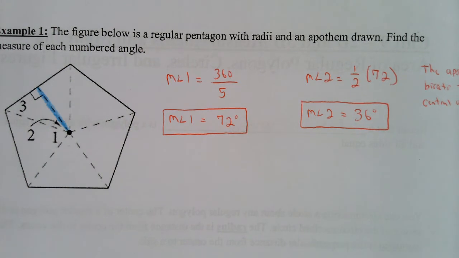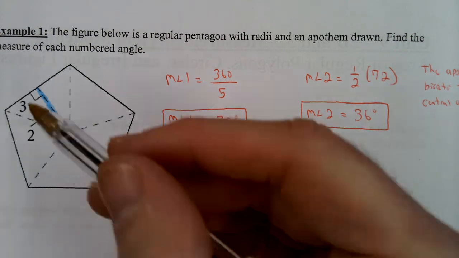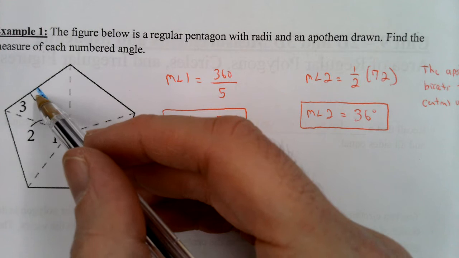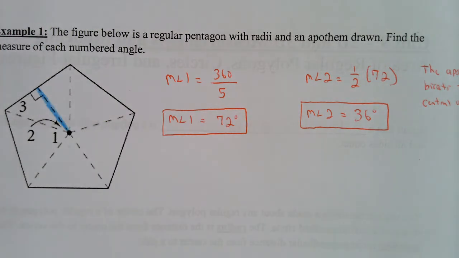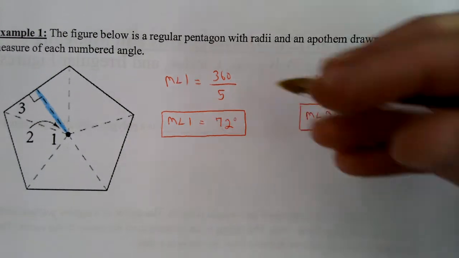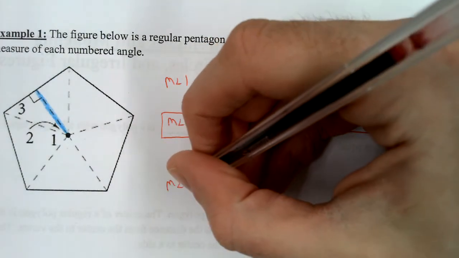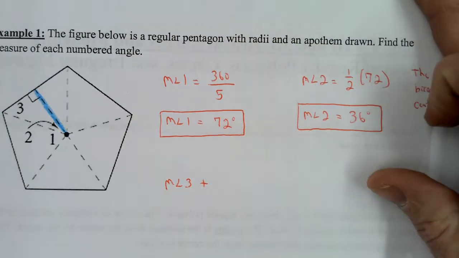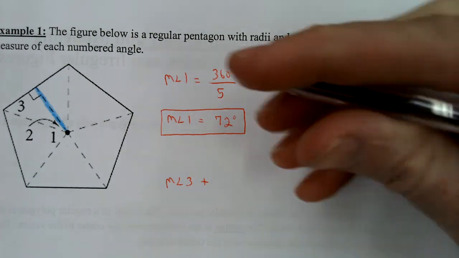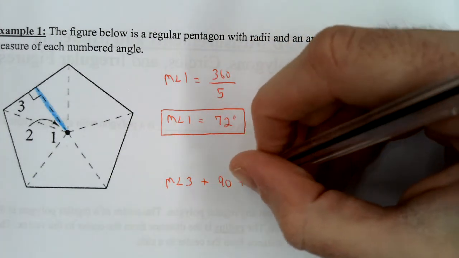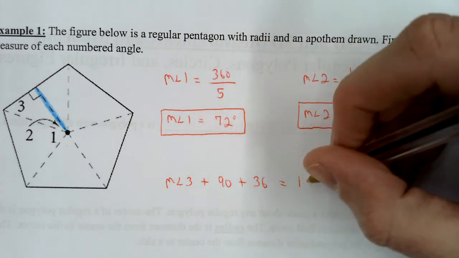Now to find the last angle, angle 3, you have a triangle. Okay, notice how we have this triangle. You have the 90-degree angle, and we just found out that the measure of angle 2 was 36. So I'm going to say that the measure of angle 3 plus 90 plus 36 has to equal 180, okay?